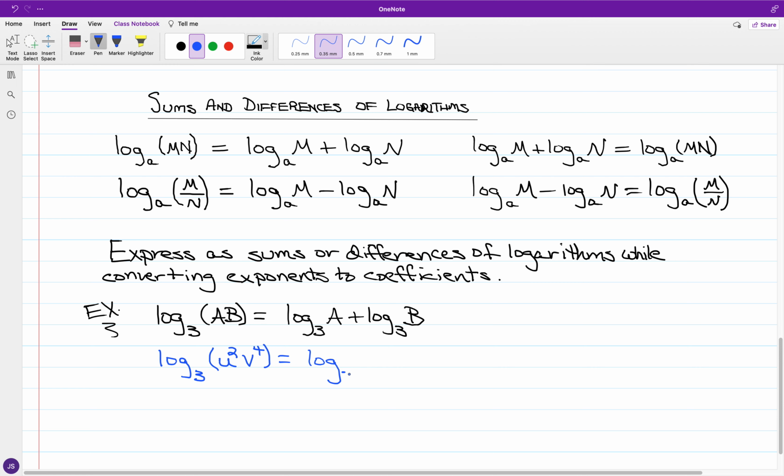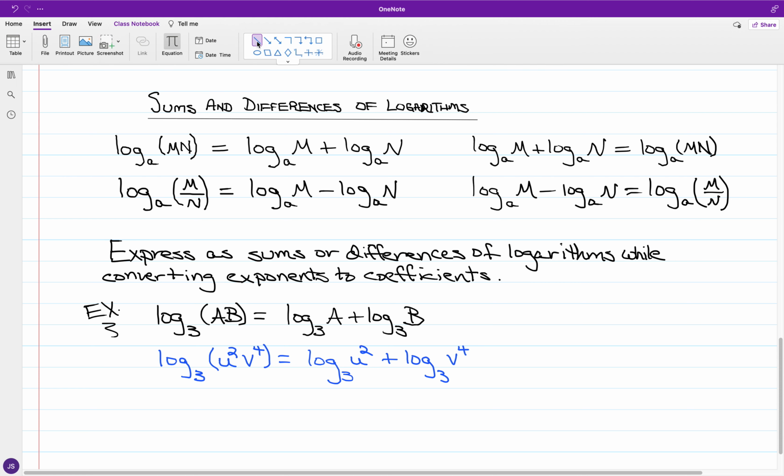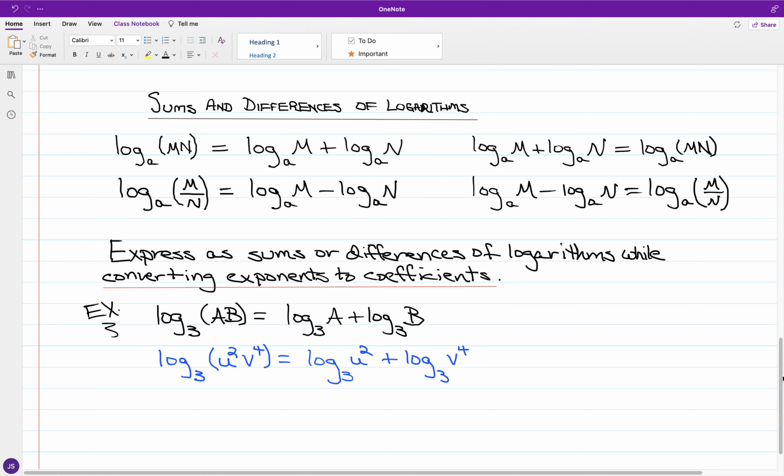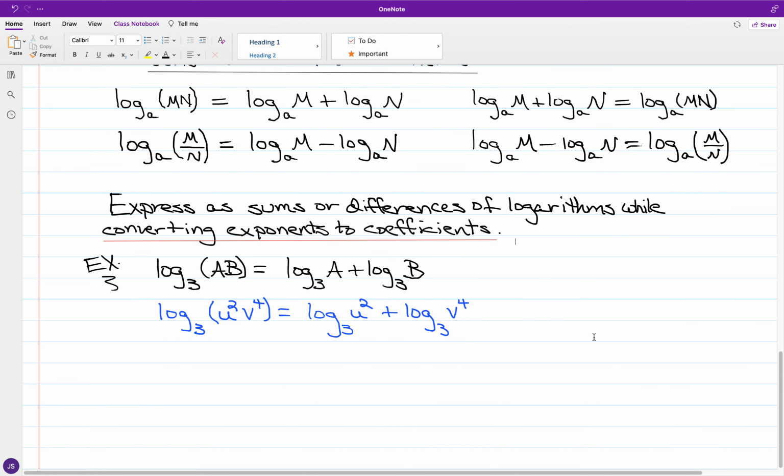So you have the base 3 logarithm of u squared plus the base 3 logarithm of v to the 4th. Okay, and now notice, unlike a and b, u and v are expressed as bases that are raised to powers.